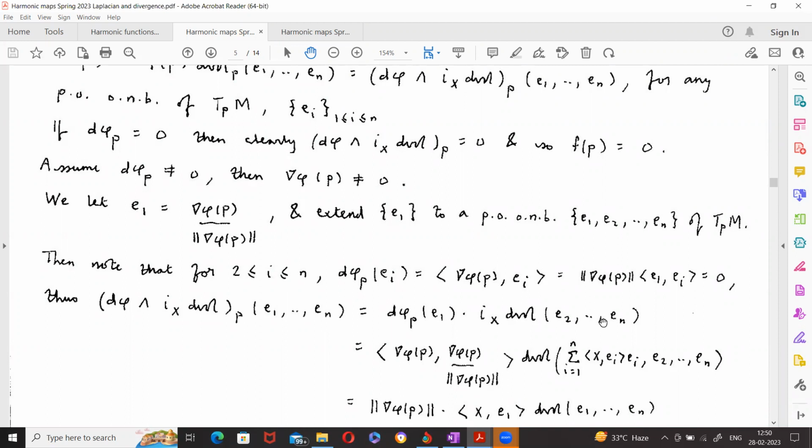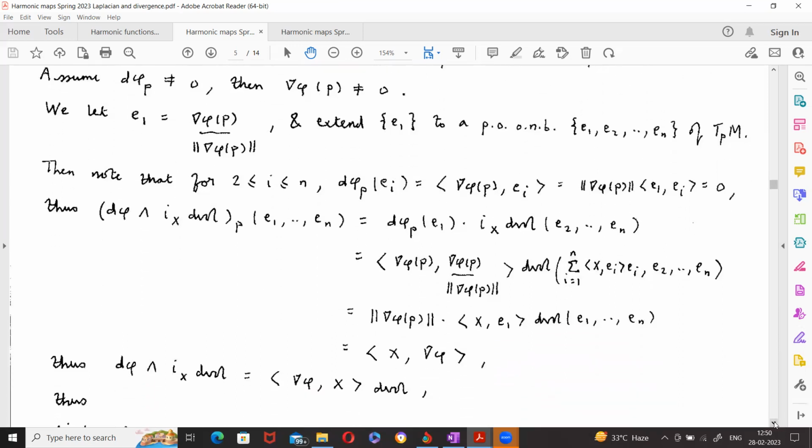Is that clear? Yes, sir. So therefore, I'll get finally just d phi E1 times Ix dvol of E2 to En. That's what this wedge product applied to E1 to En will be.